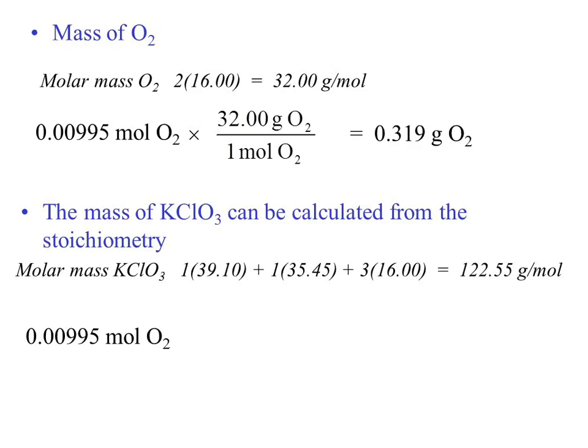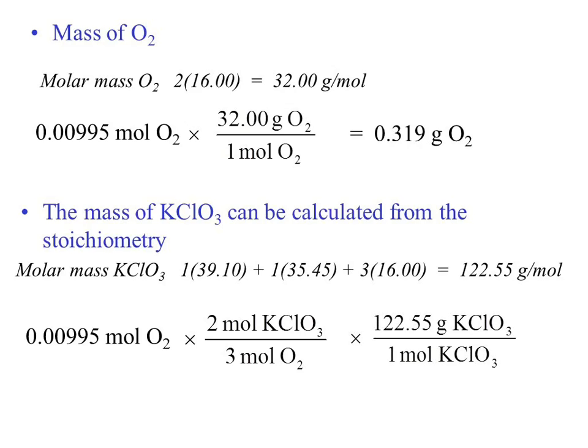If we start with the moles, which we already know, plug in the stoichiometric ratio from the balanced equation: 2 moles of KClO3 will react for every 3 moles of O2, and then use the molar mass of KClO3. Then we should get to the grams of KClO3. Round to 3 sig figs, 0.813 grams. And that's it.